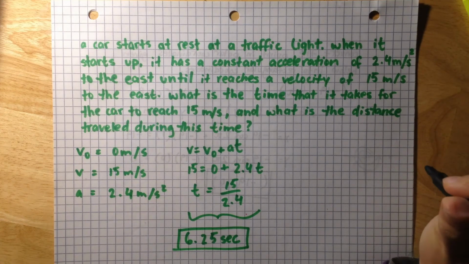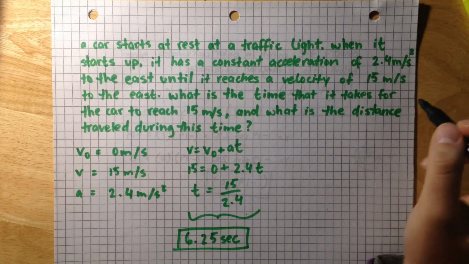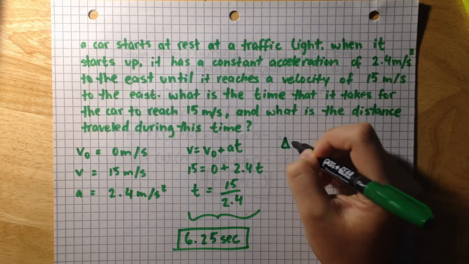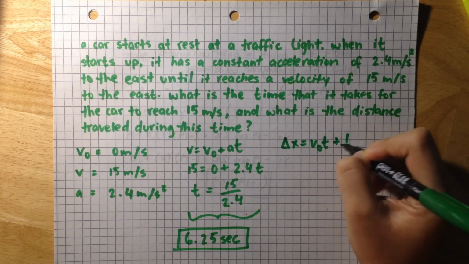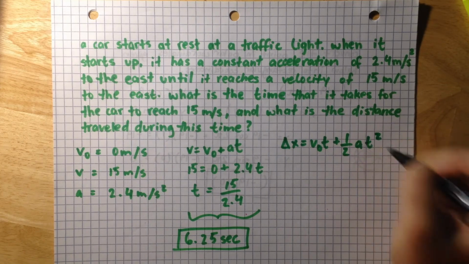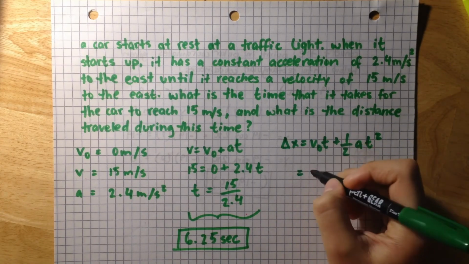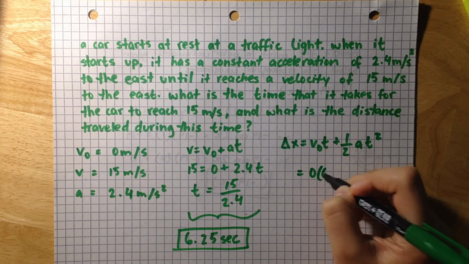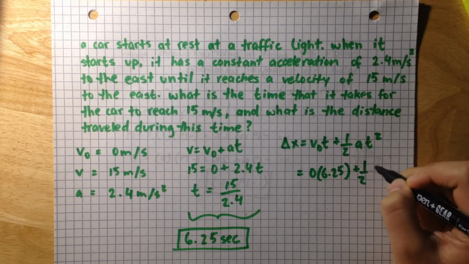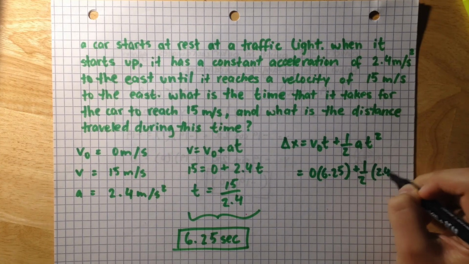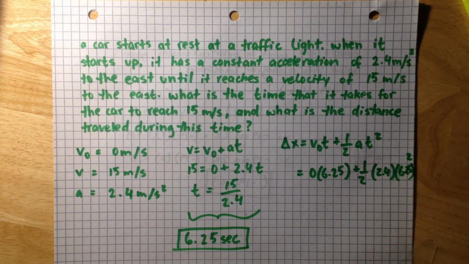Now the next thing we must find is the distance that the car travels during this time, and for this I'm going to use the equation delta x equals v naught t plus 1/2 at squared. So delta x equals v naught is 0, times 6.25, plus 1/2, acceleration 2.4, times 6.25 squared.